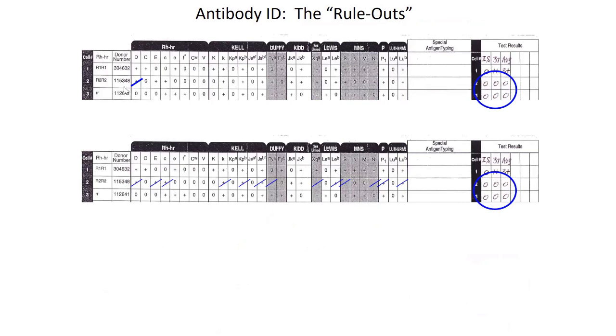This is showing how we do rule outs. Cells that give you non-reaction outcomes are the ones whose antigen expressions give you a sense of what the antibody is not up against. If you had an anti-D, you would have expected a reaction, but you have no reaction here, and so D can be ruled out.